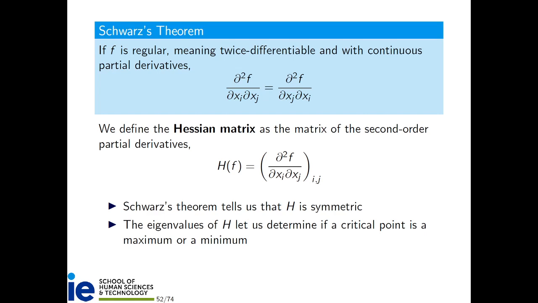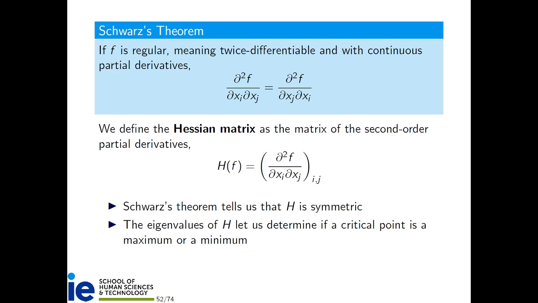So the theorem tells us that since differentiating with respect to xi and then xj, or xj and then xi, is exactly the same, the matrix H is symmetric.